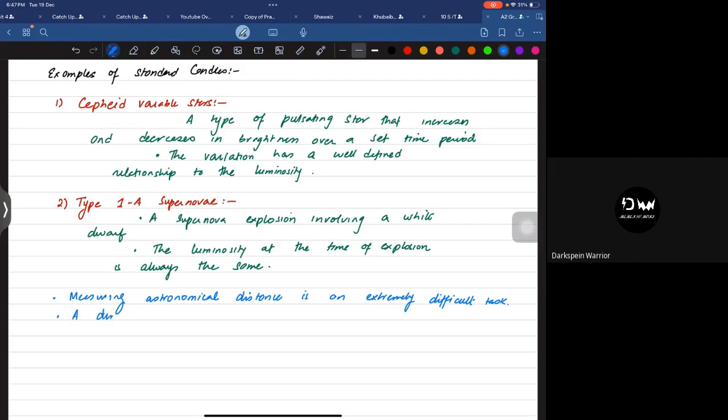A direct distance measurement is only possible if the object is close to the Earth.